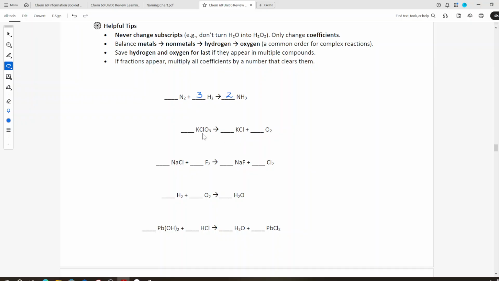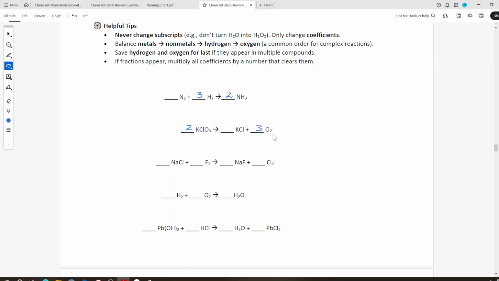I have 1 chlorine on the left, 1 chlorine on the right, balanced. Then I move to my oxygens. 3 on the left, 2 on the right. So I want to make it 6, a common multiple. If I put a 2 here, now I have 6 oxygens. And if I put a 3 here, I have 6 oxygens on the right.